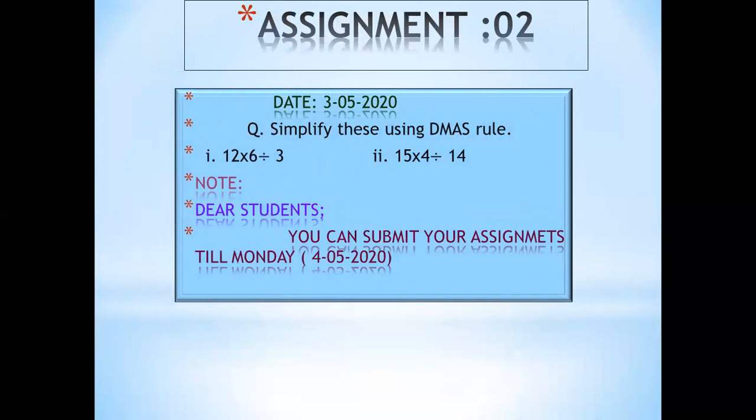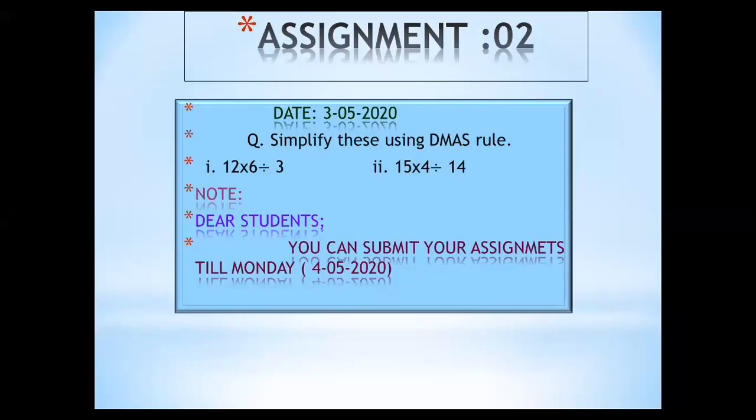Very easy assignment, and this is regarding the DMAS rule. You give the heading on the page, assignment number 2, and then we will do these two. Do question 1 and 2 the same way that I have done these types of questions for you, and you can send me this assignment on Monday or by tomorrow.